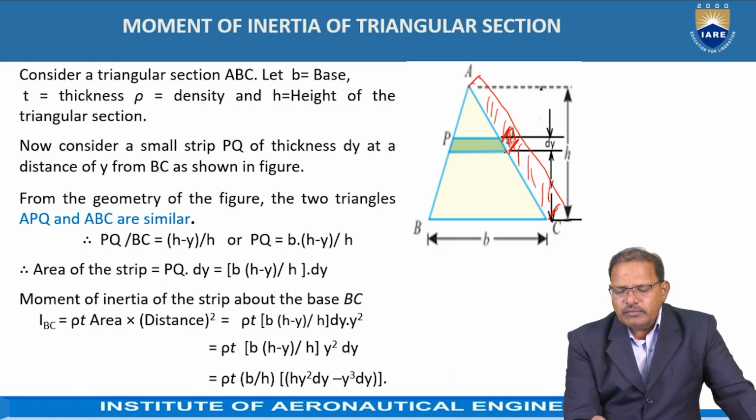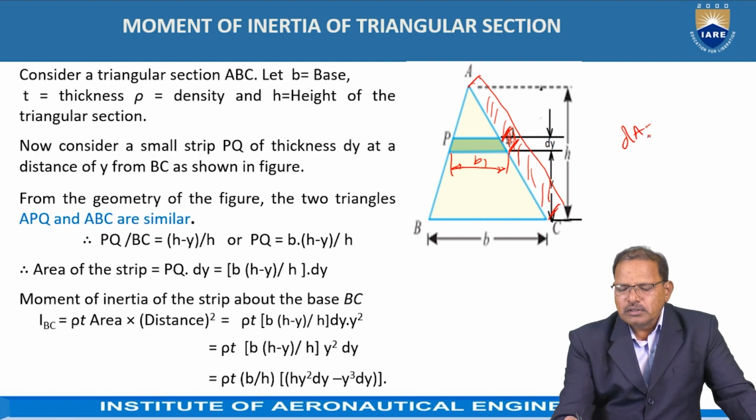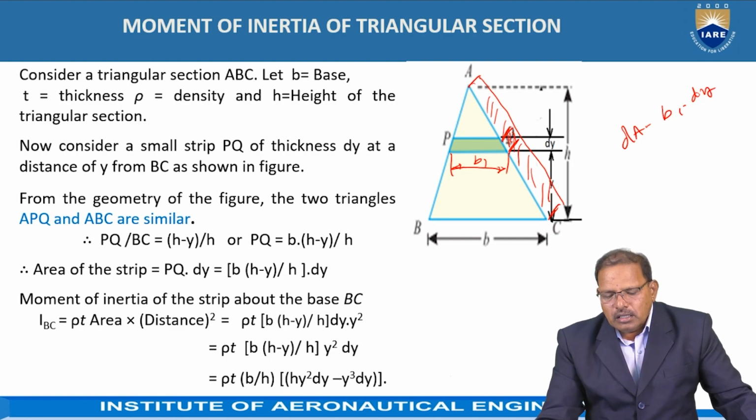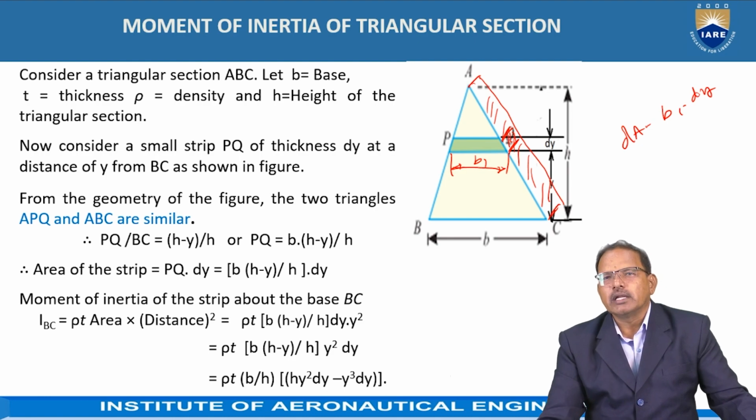So, the small area of the strip, we can take it as, let the length of PQ be represented as B1. That is equal to B1 into dy. But the triangles ABC and APQ are similar triangles.